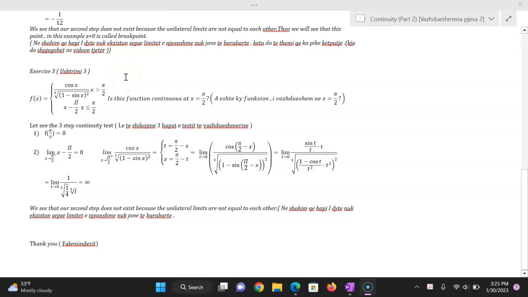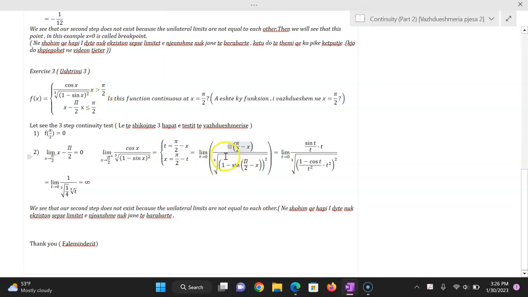We have the function f of x equal to the cosine of x over the cube root of 1 minus the sine of x, all squared, for x greater than pi over 2, and x minus pi over 2 for x less than or equal to pi over 2.